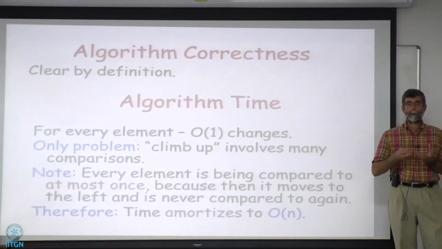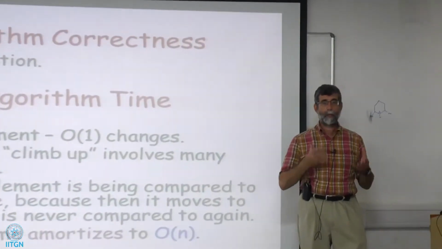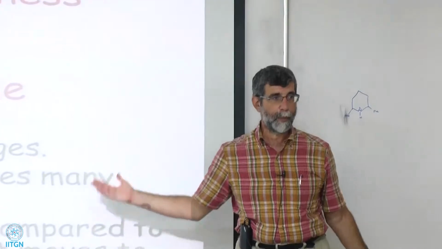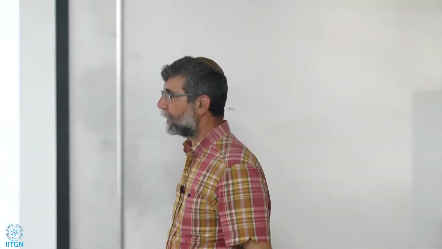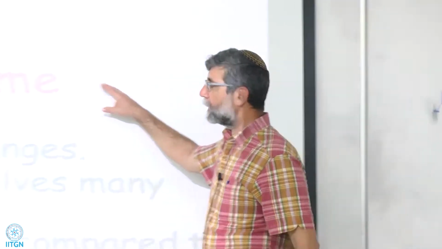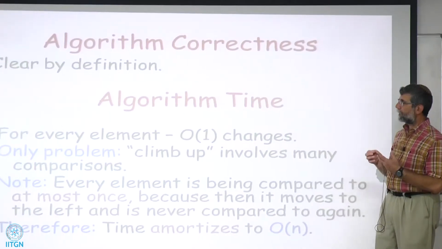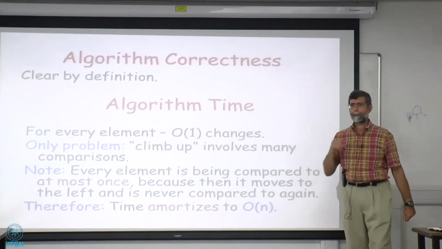When we got the element, we saw who is relevant to be on his left and who is relevant to be on his right, and we did the appropriate comparison. So the definition of how we put it in already says that it's right. The problem is with the time, because for every element, it's true that once we put it in, it's, yes?